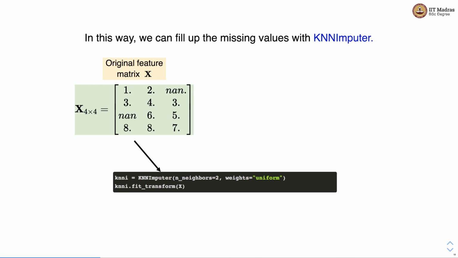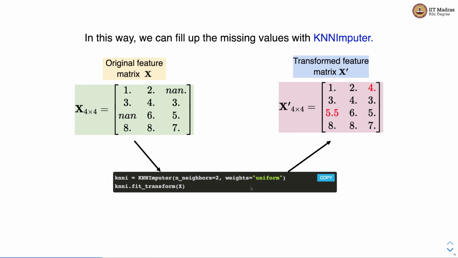Let's look at the syntax for KNNImputer. We instantiate a KNNImputer object by specifying the number of nearest neighbors and the weight that we want to give to the nearest neighbors. Here we give uniform weight, so we are weighing each neighbor uniformly. By default the strategy is mean, and we can change it to other values.